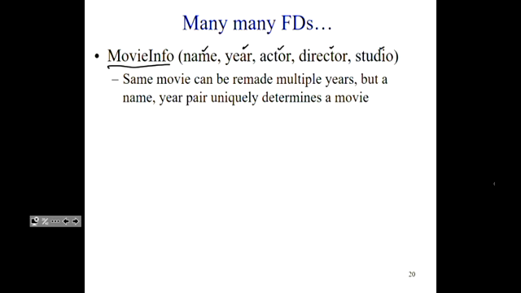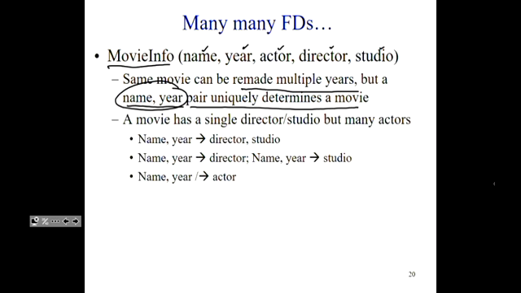And I have the constraint that the same movie can be remade multiple years, but a name-year pair uniquely determines a movie. So I'm saying that a name-year pair is a key for a movie.